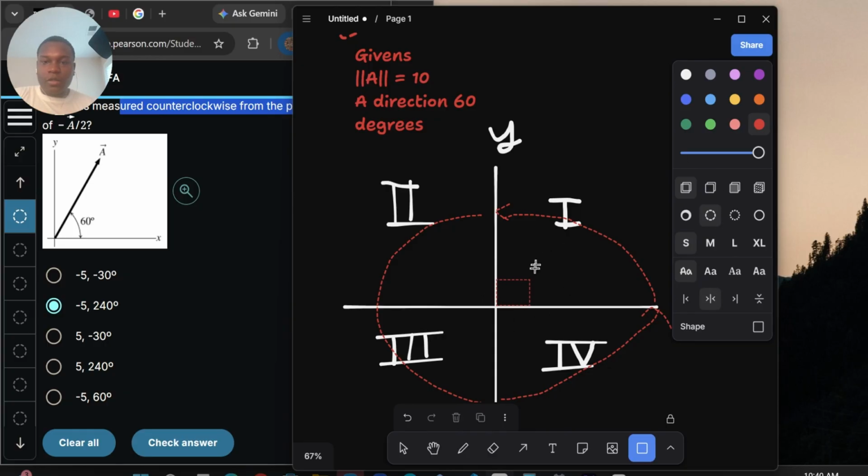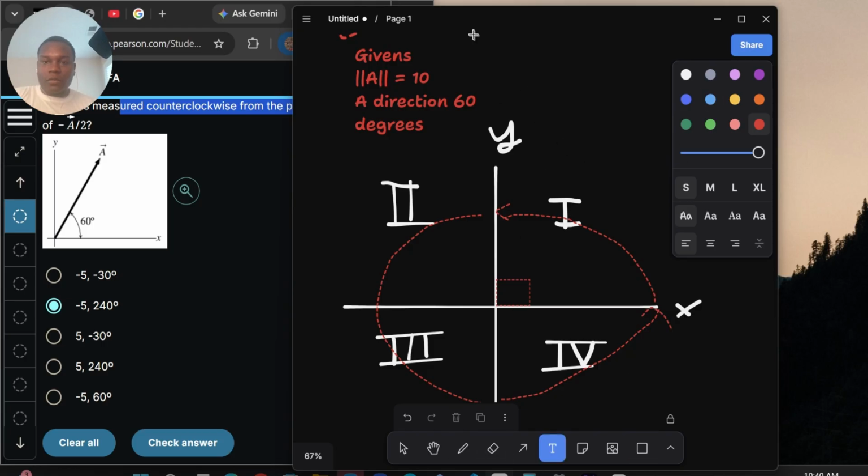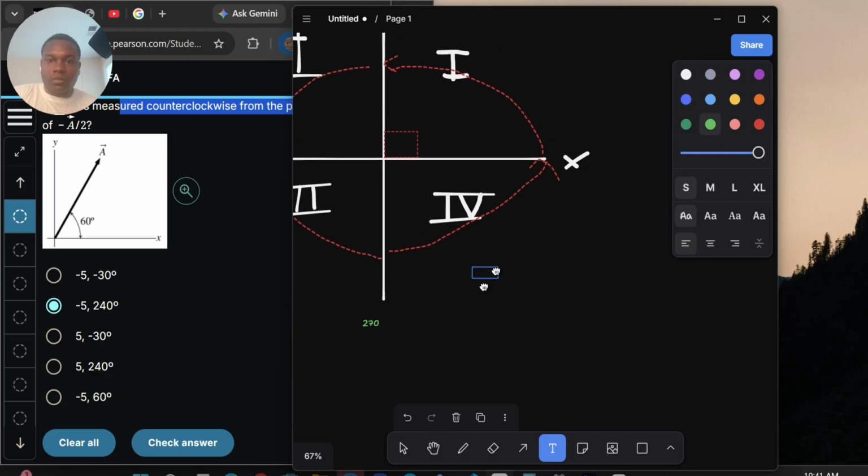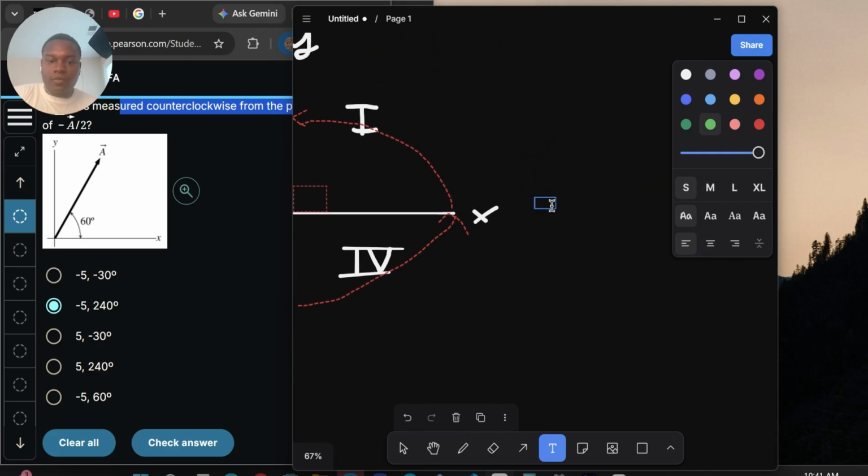So you have 90 degrees, 180, 270, and 360.